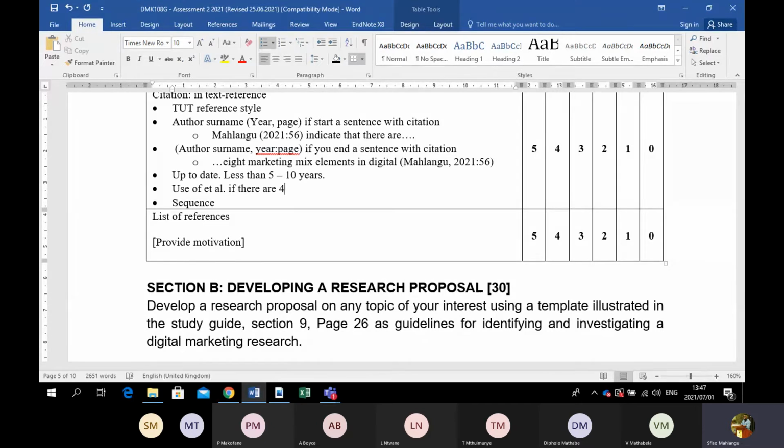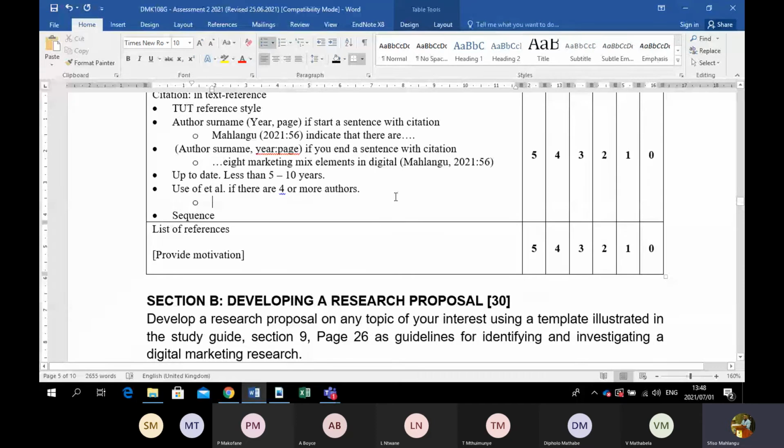So let's use some practical examples for this as well. So if an article was produced by Mahlangu, Lebesi, that's one that I know. And let's put someone else, let's see, maybe it's Deloitte.